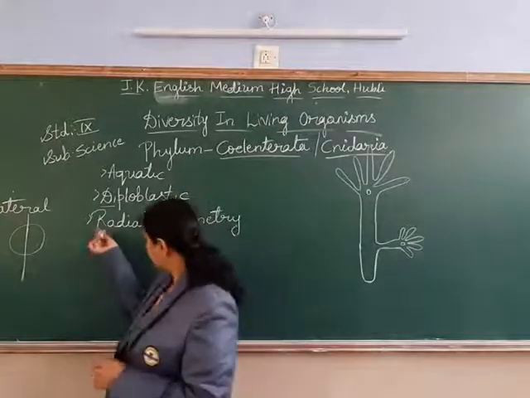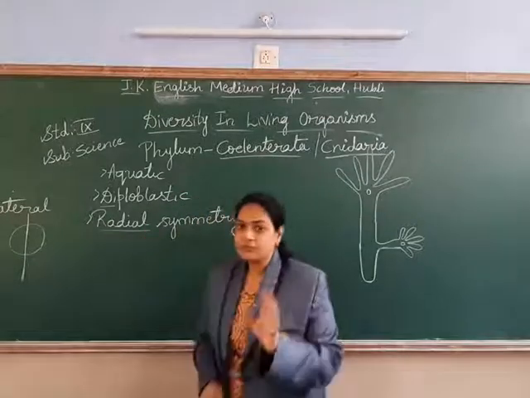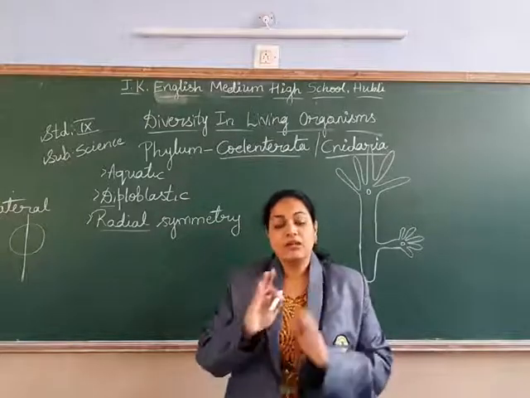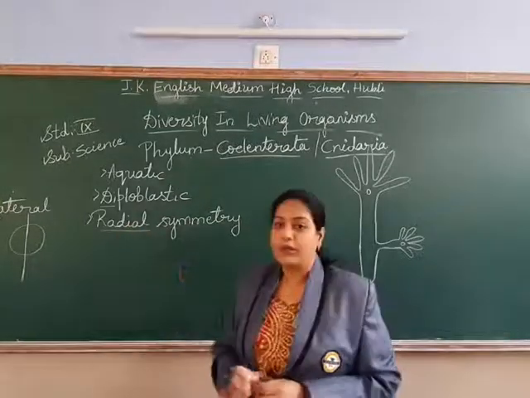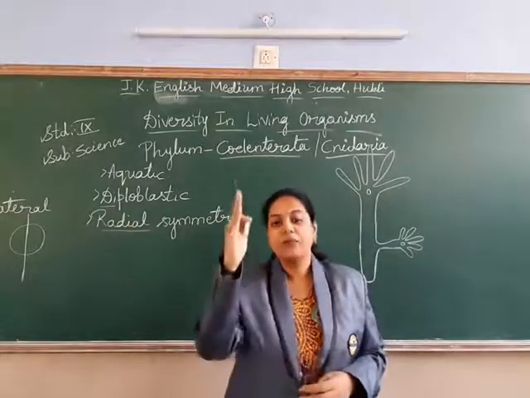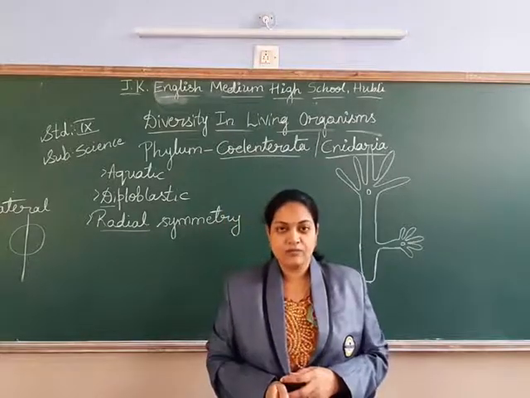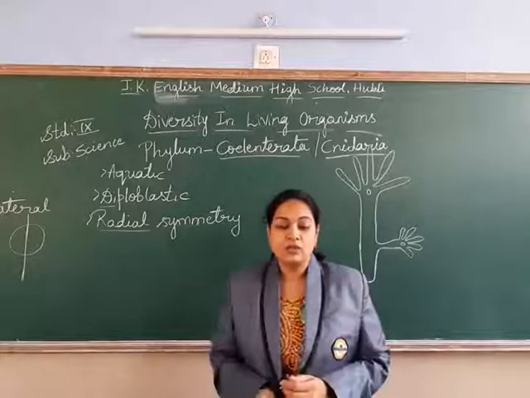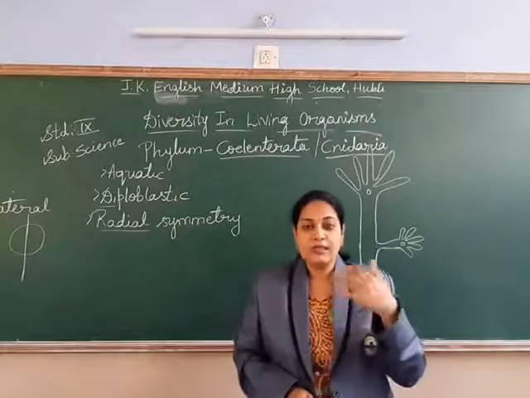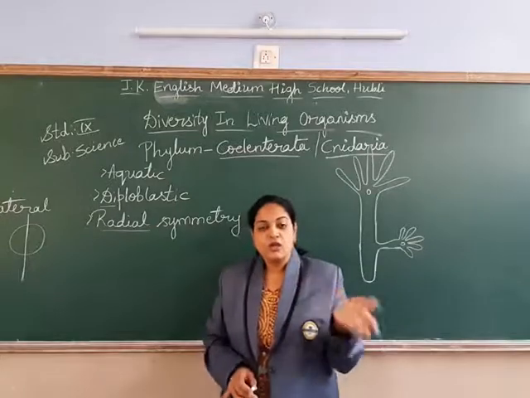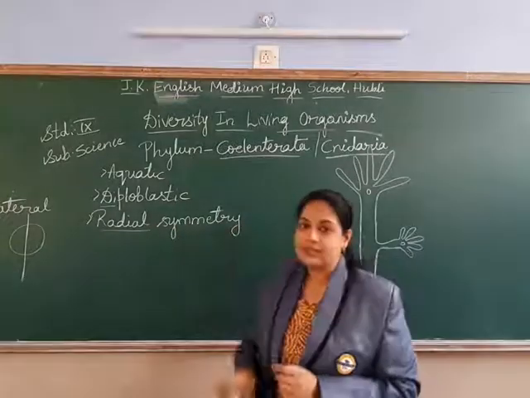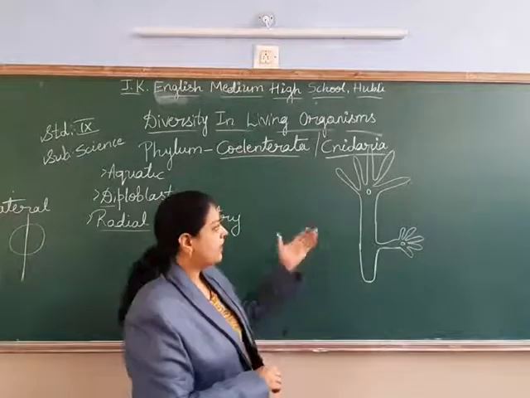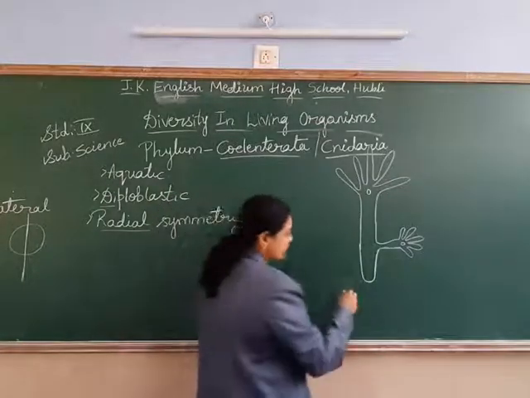Radial symmetry means the organs may be similar but not exactly like that. You can't cut them at a particular angle first of all. Even if you cut, you are not going to get 2 equal parts on both sides. You can't expect the mirror image there. So that is called radial symmetry. See this particular example, students. Here I have drawn an example of the Coelenterata.